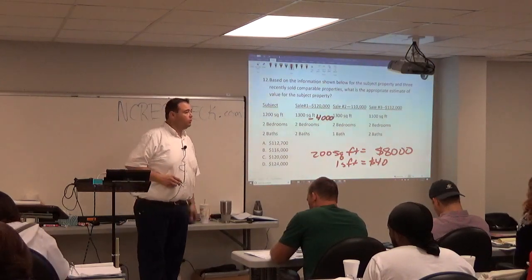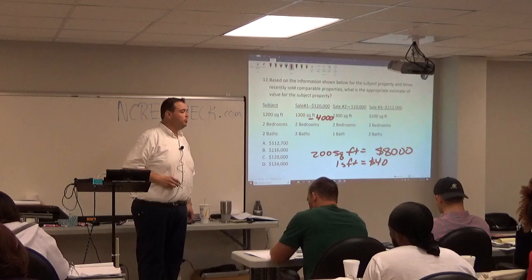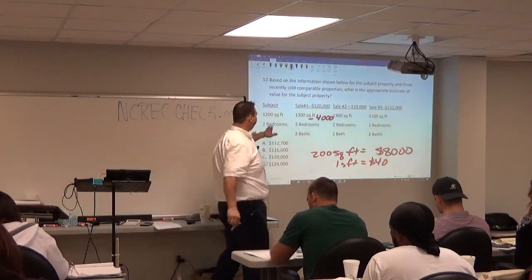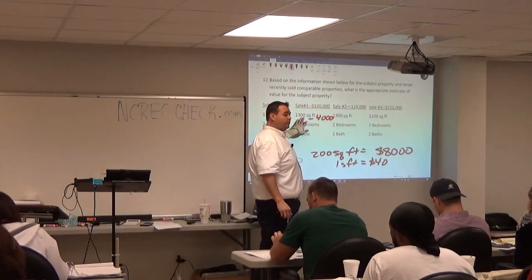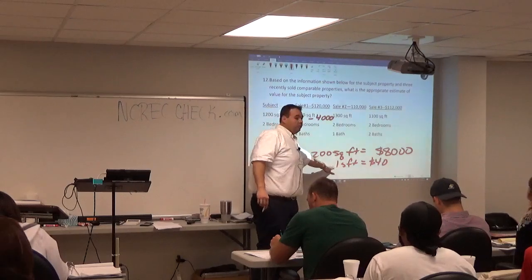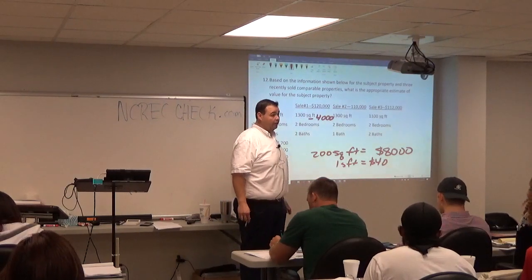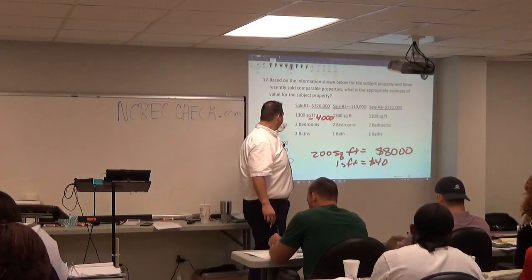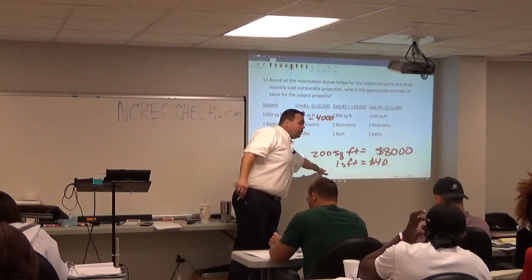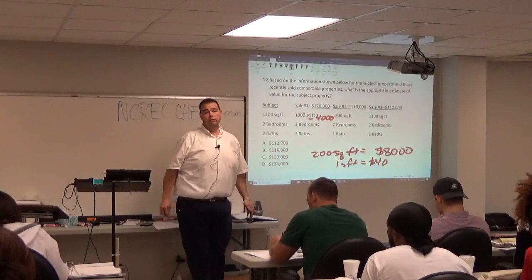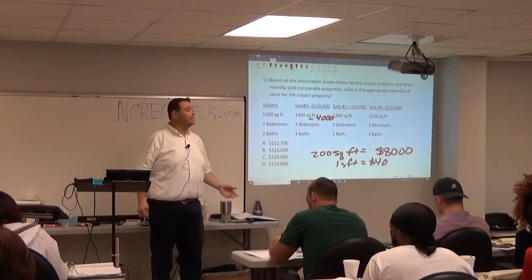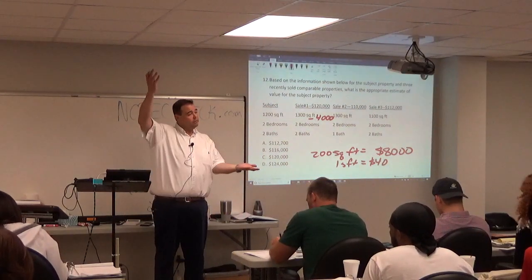Is everybody with me on where that adjustment comes from? Because it's 100 square feet, 1,200 versus 1,300. And how much is each square foot worth? $40. Everybody okay there? 100 square feet at $40 a square foot, that's $4,000. And it's down because the subject here and the comp is up here.